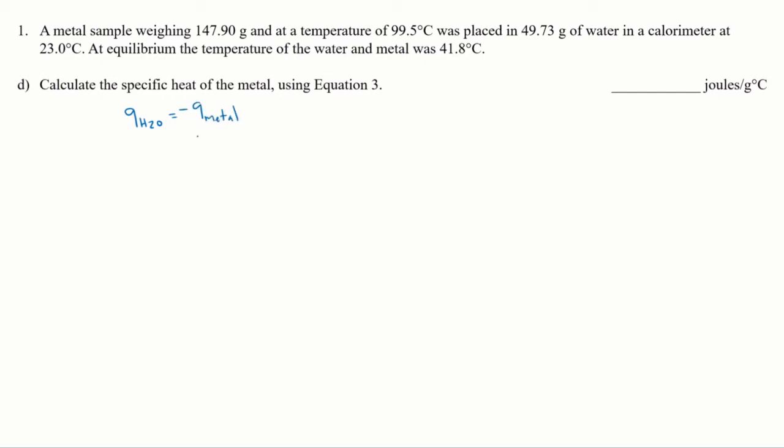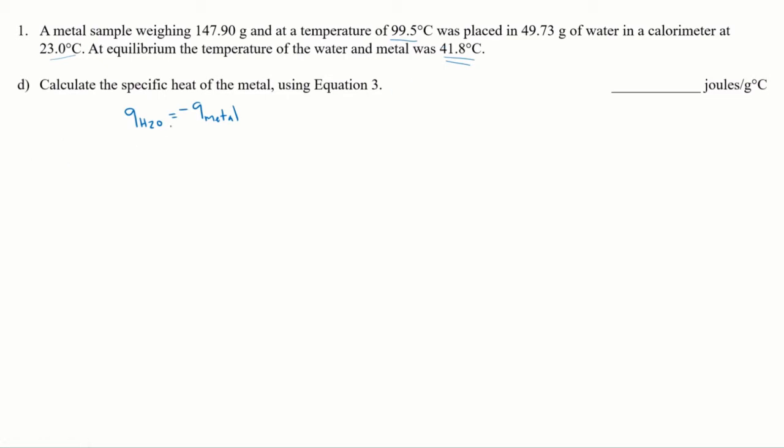That means all of the thermal energy that was contained in the metal was transferred to water. This is the reason why the temperature of the metal decreased from 99.5 to 41.8 degrees, and the temperature of water increased from 23.0 degrees Celsius to 41.8 degrees Celsius.